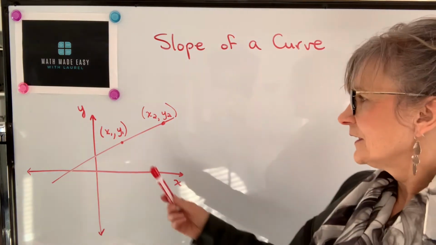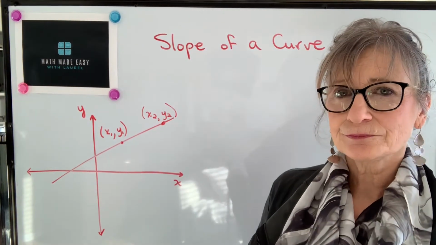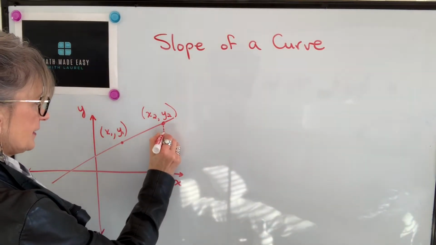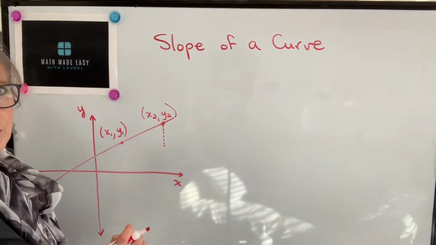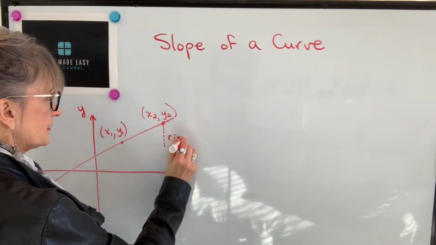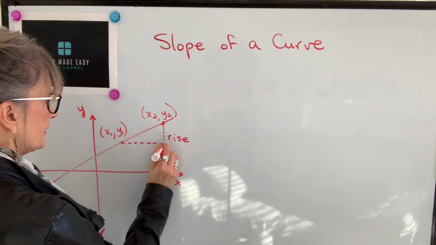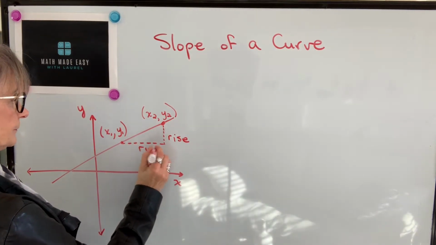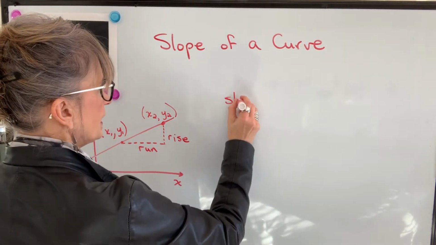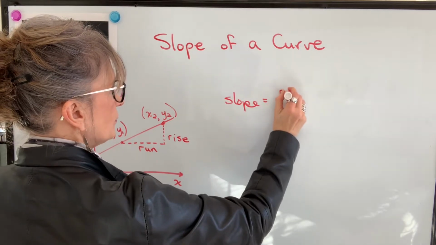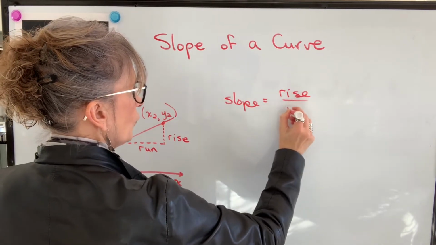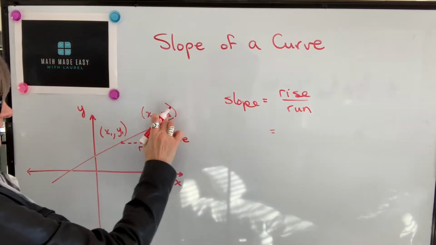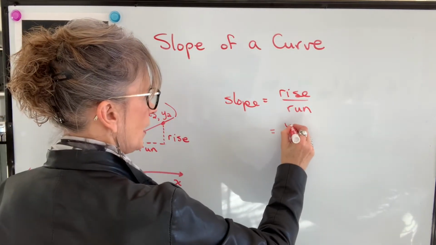So when we're finding the slope of a line, we take the difference in the y values, or the vertical distance called the rise, and we divide that by the difference in the horizontal distance called the run. So the slope of a straight line is equal to the rise over the run, which is also defined as: the rise is the difference in the y values, so y2 minus y1.